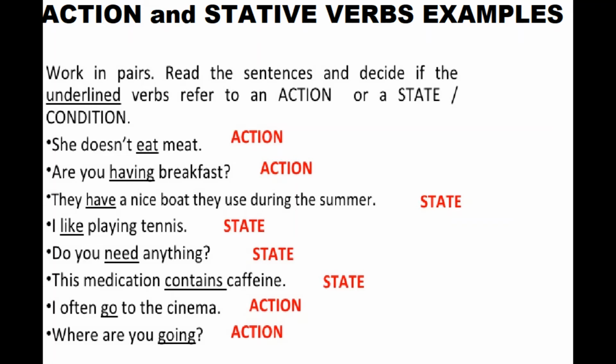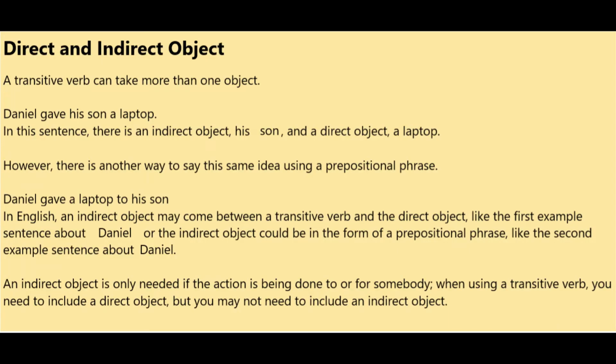Coming next, we're going to see about direct object and indirect object. Already we have seen about static verbs and action verbs, and we have seen that static verbs also can have an object in some cases, if used as a dynamic verb.